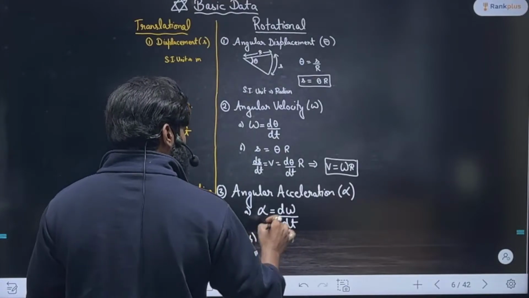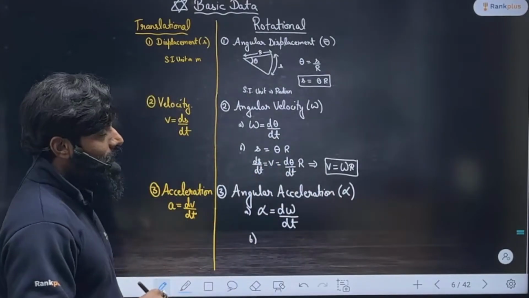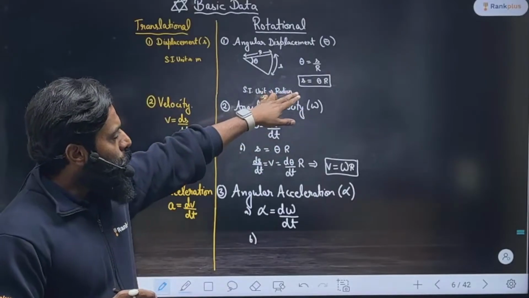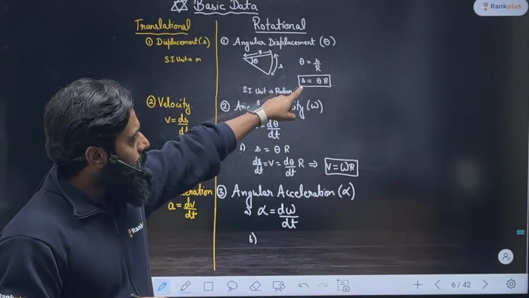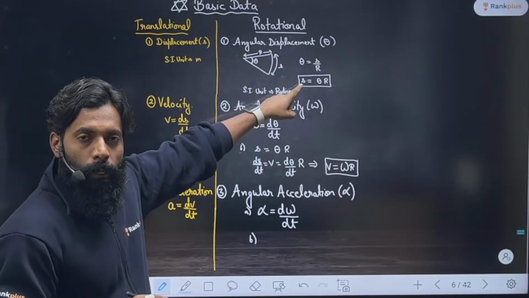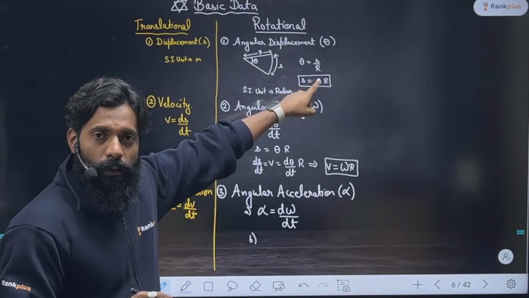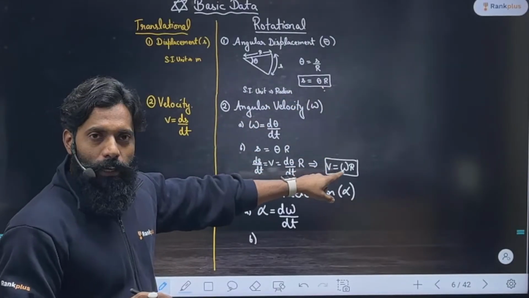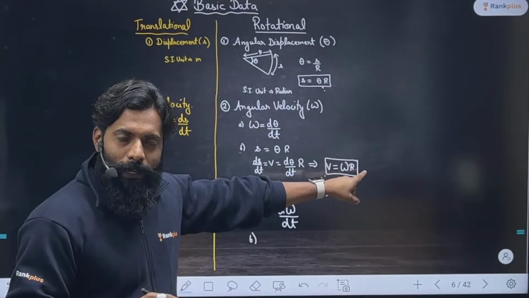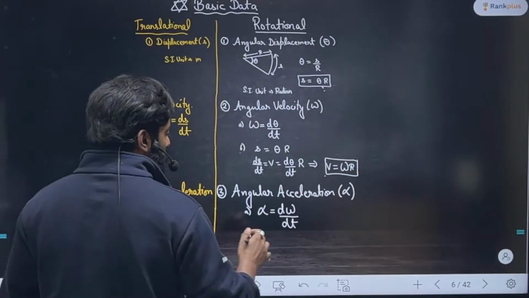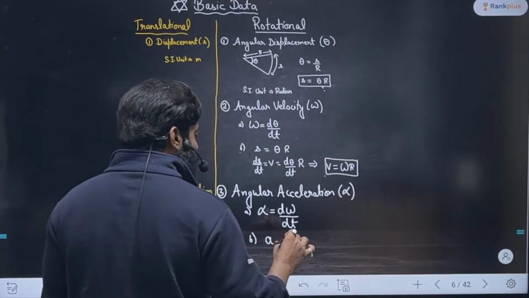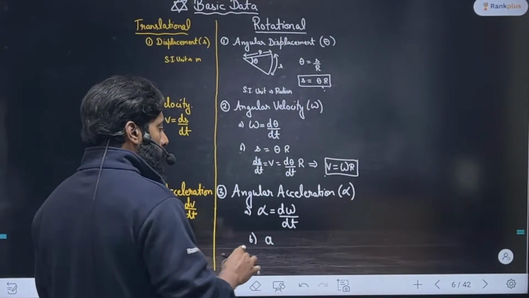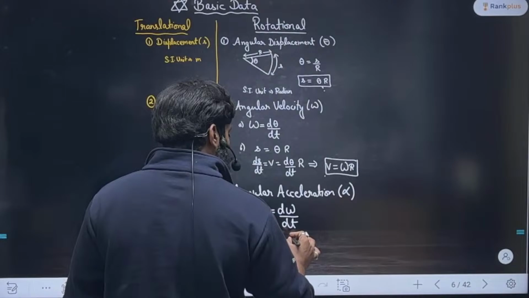And here, if you observe what is happening, we are keeping the linear data, rotational data, and it is multiplied by r. Linear data, rotational data multiplied by r. So what if I have to get a relationship between a and alpha? I can easily get it using a is equal to alpha r.